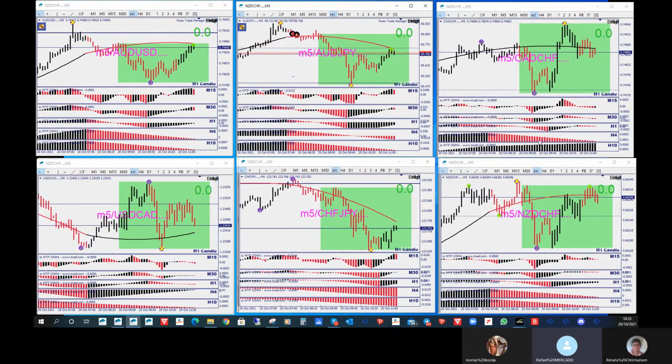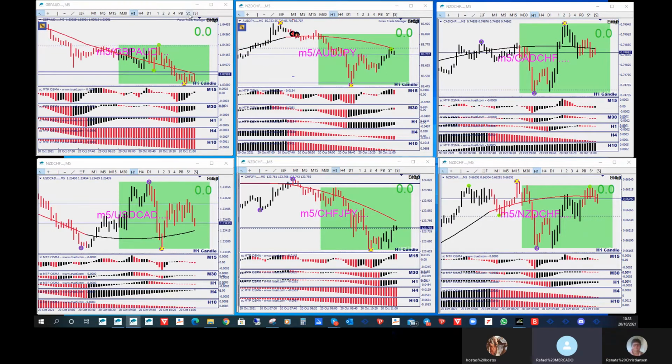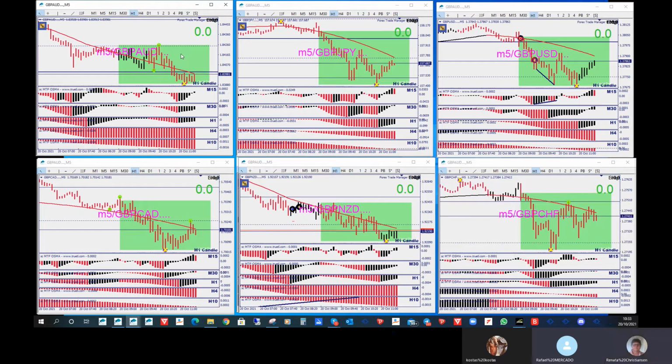Cat Swiss, the H4 at that point I think was red, or H10 was red or blue, I don't know. And we were looking at Swiss yen, New Zealand Swiss, and dollar cat, but now they changed. So what we are doing is Costa is focusing on some pairs, and I'm focusing on other pairs, and we are calling it, so we have the possibility to have all those trades.